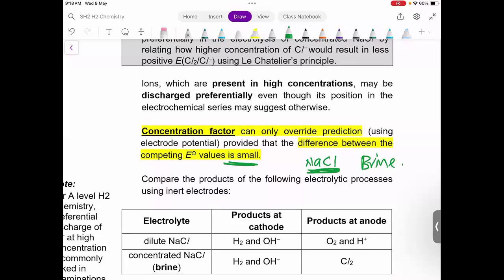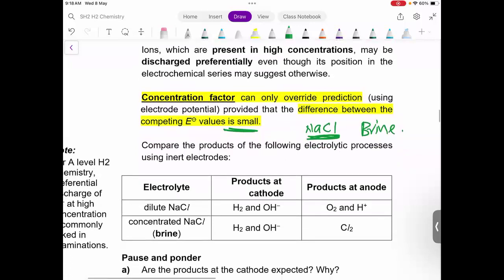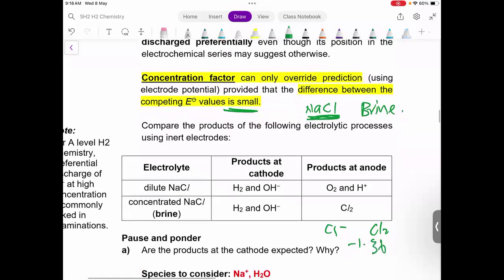This is what is stipulated in the syllabus. So you must recognize that when I choose brine instead of dilute sodium chloride solution, then chloride will be the one that is preferentially discharged, instead of water. For your syllabus, chloride to chlorine is negative 1.36, whereas for water it is negative 1.23.